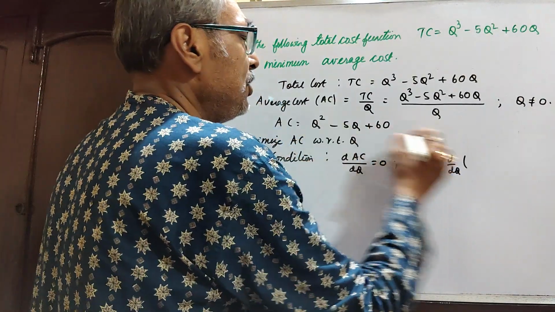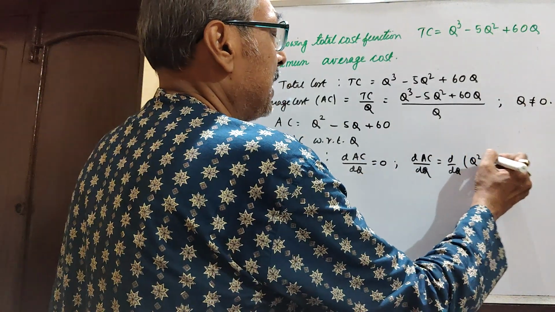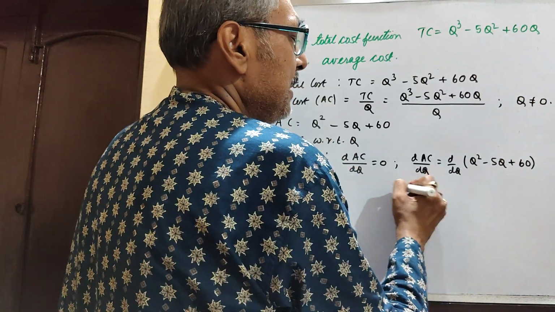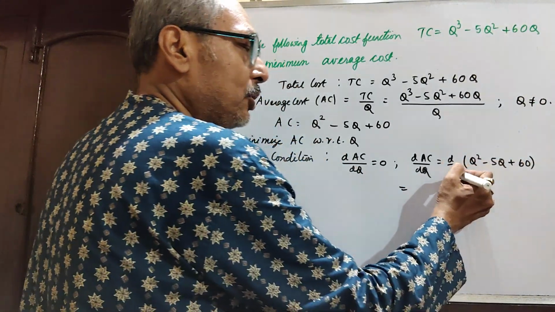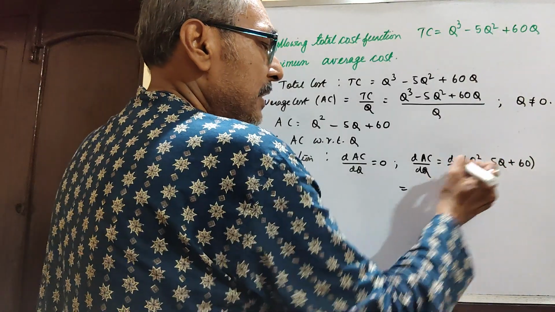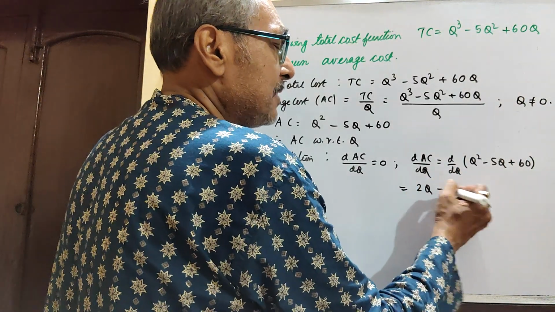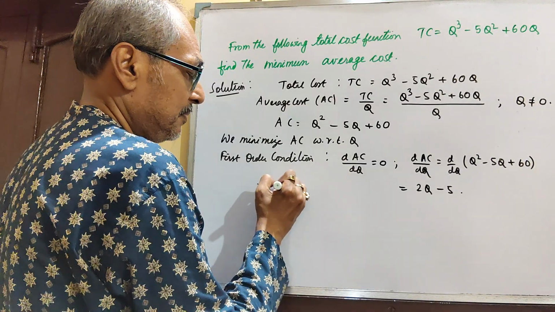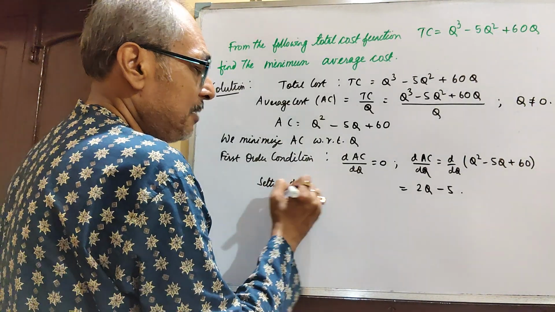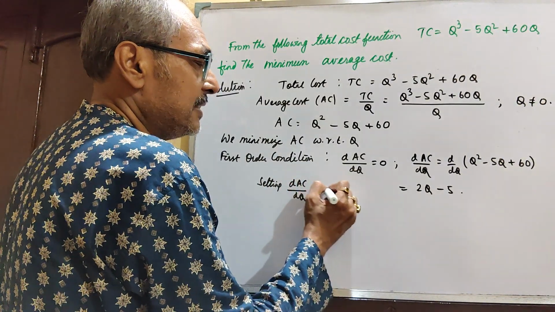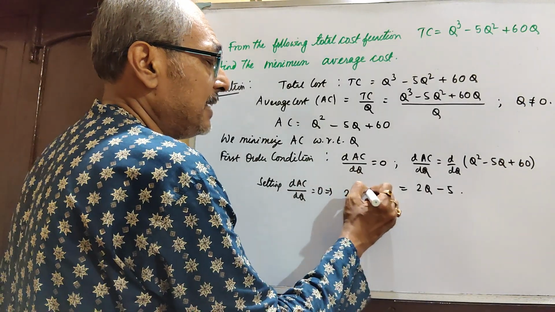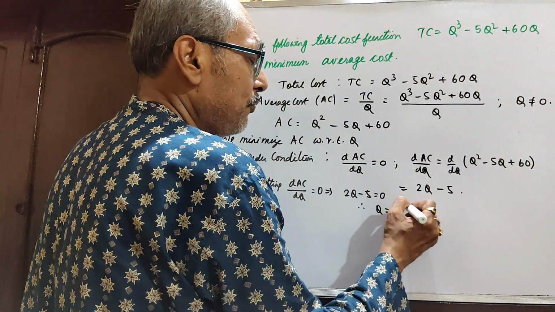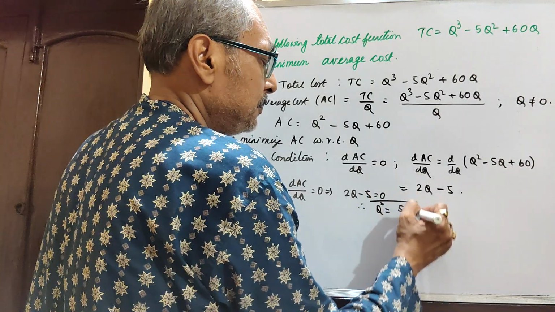We differentiate Q squared minus 5Q plus 60 with respect to Q. This becomes 2Q minus 5, and setting dAC by dQ equal to 0, we get 2Q minus 5 equals 0. Therefore, Q equals 5 by 2.